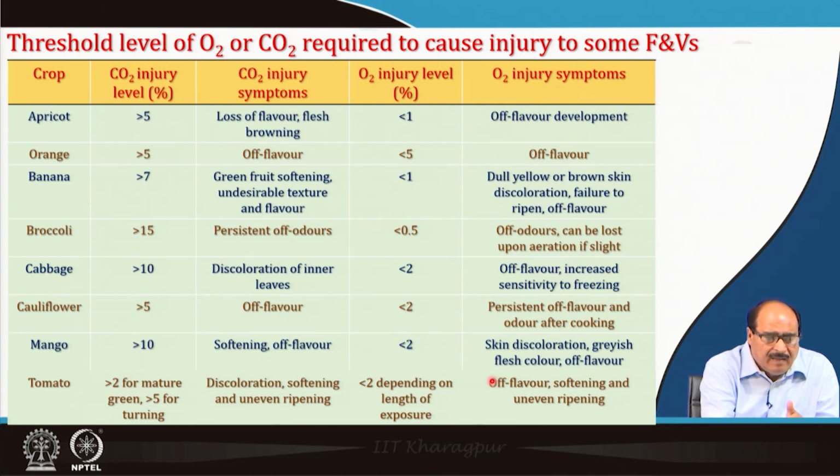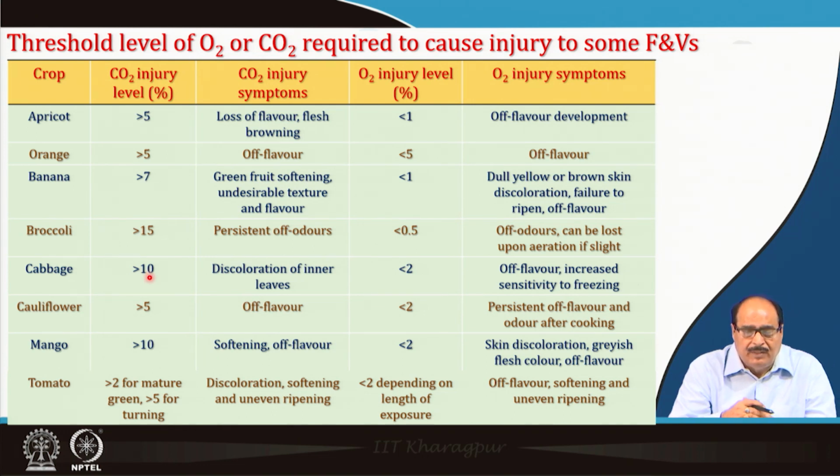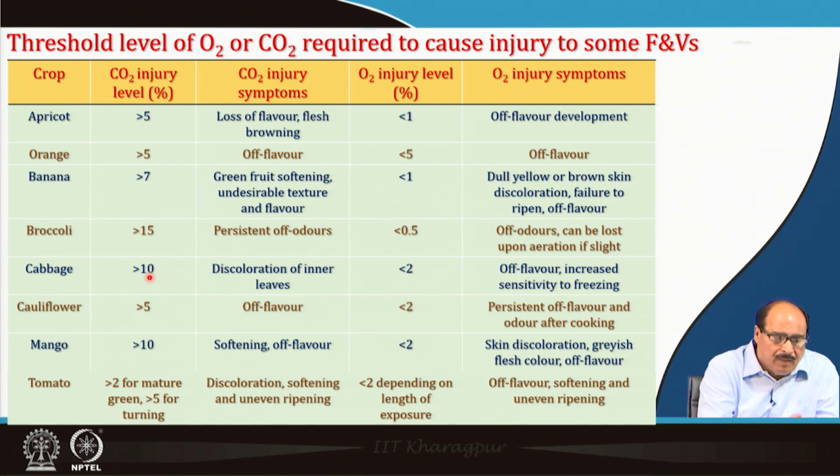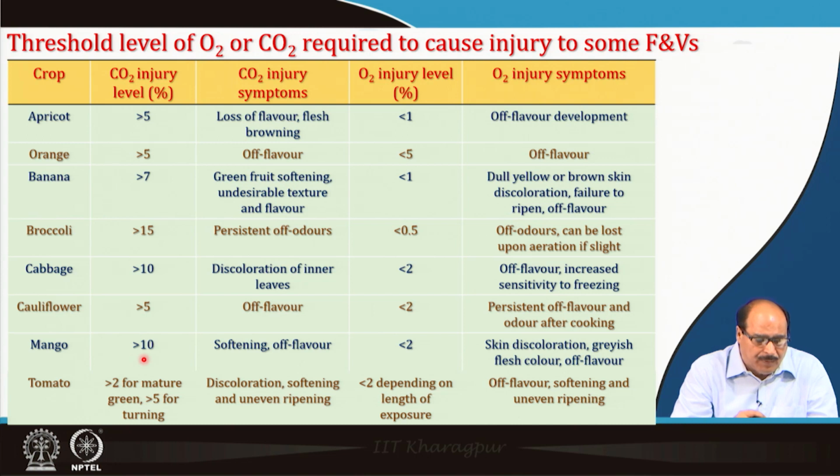In banana, the CO2 injury level is more than 7% and the O2 injury level is less than 1%. Similarly, in cabbage, the CO2 injury level is more than 10% and the O2 injury level is less than 2%. In mango, the CO2 injury level is a maximum of 10%, and the O2 injury level is less than 2%.